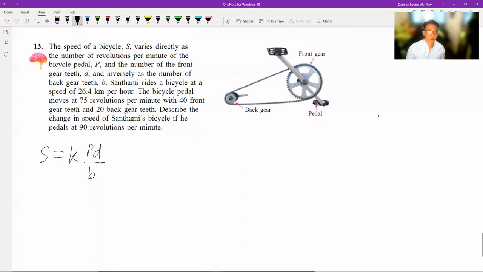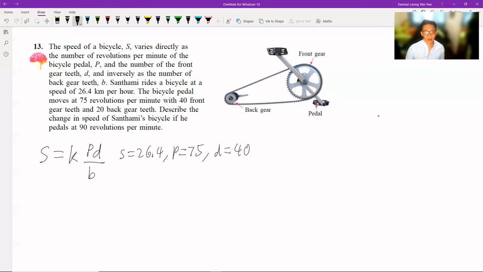So Santami rides a bicycle at a speed of 26.4 km per hour. Speed S is 26.4. Bicycle pedal moves at 75 revolutions per minute, P is 75. 40 front gear teeth, D is 40.